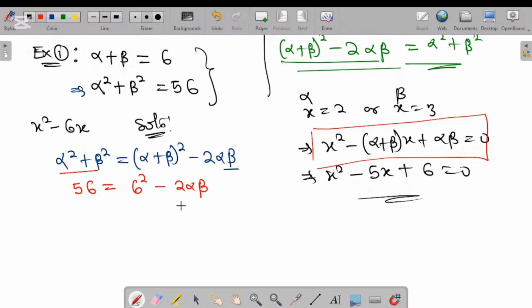This is going to give me 56 equal to 6 squared, which is 36, minus 2 alpha beta. And so I carry 2 alpha beta to this side and this 56 to the other side. Why am I carrying 2 alpha beta? Because it's negative here and I want it to be positive. And that is equal to 36.